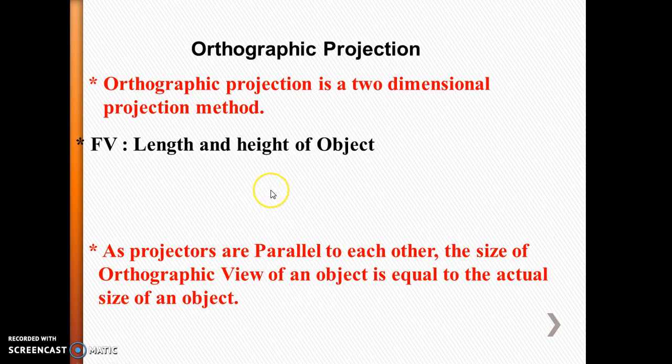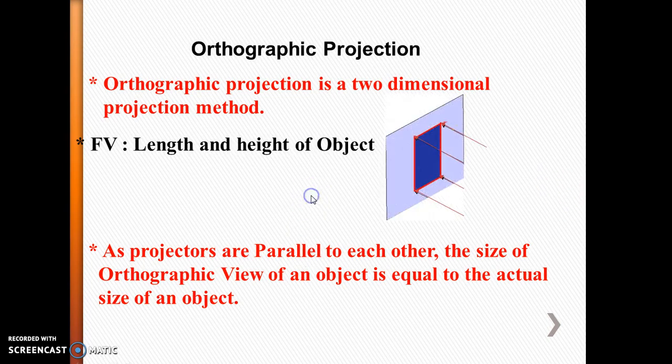In orthographic projection, as the projectors are parallel to each other, we see the exact actual size of the object. Let's see here: these projectors are parallel to each other and perpendicular to the plane of projection, that is, at 90 degrees. We see here the length and width of the object.